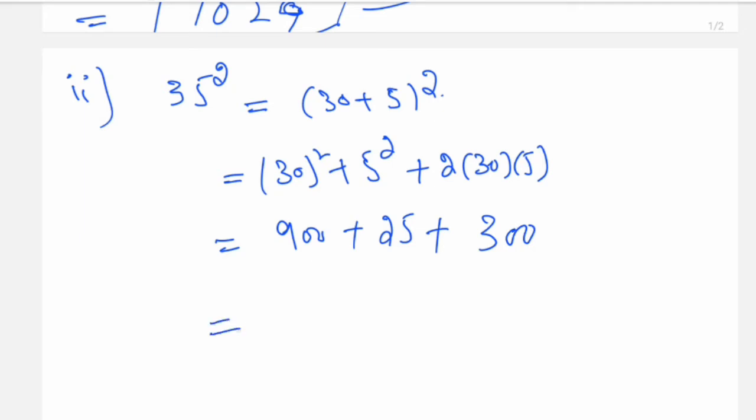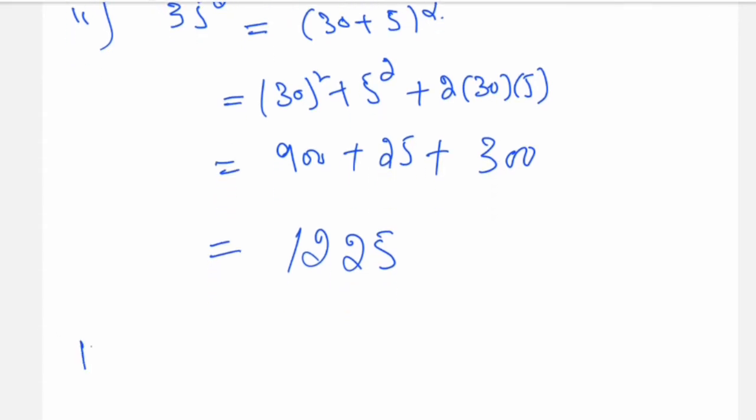So when we add them, it will become 1225. You can check the calculation. I'll check it again. 5 2s are 10, 3s are 30, 300. So it is the same.